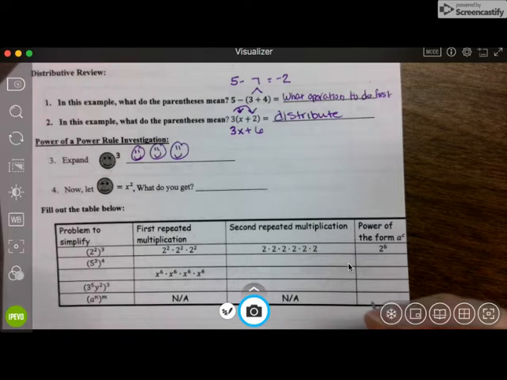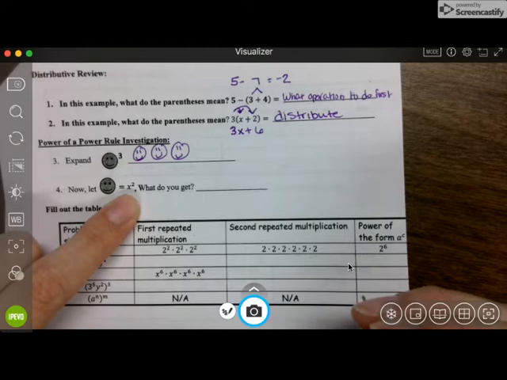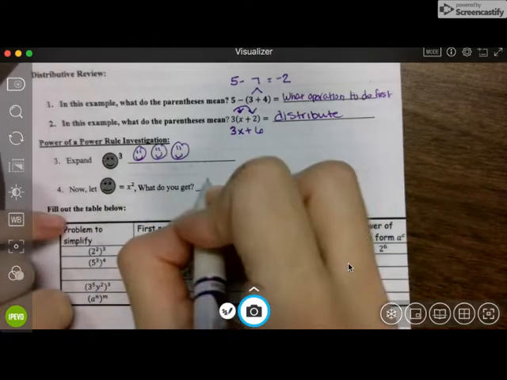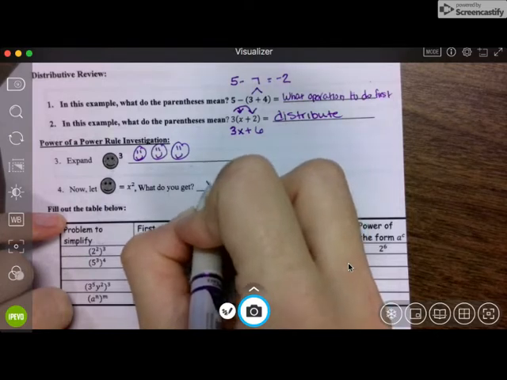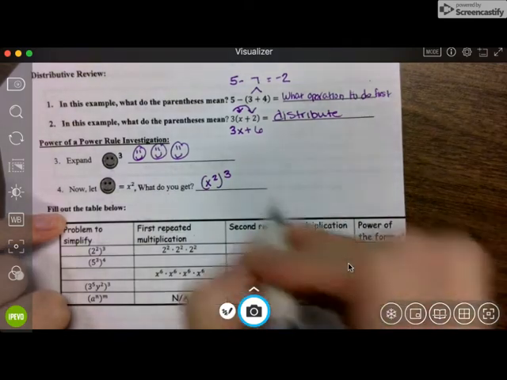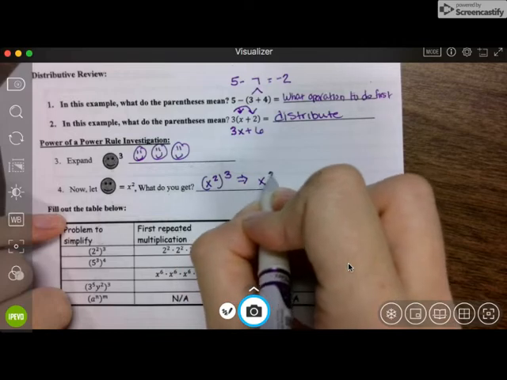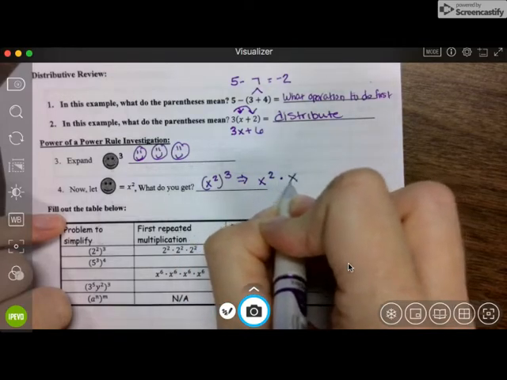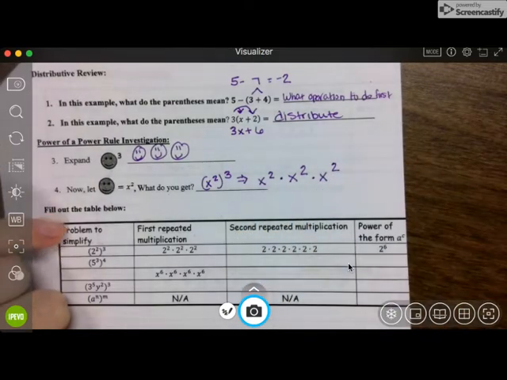Now, if 1 smiley face equals x squared, then instead of having a smiley face to the third power, we would have x squared raised to the third power. Okay? So all this means is that we'd have x squared times x squared times x squared.